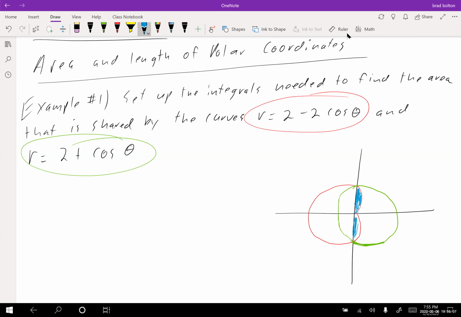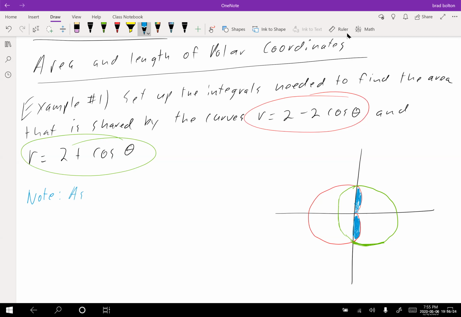So something I want you guys to think about when you're doing this is note: we're going to try to walk the path of our curves and take that area.